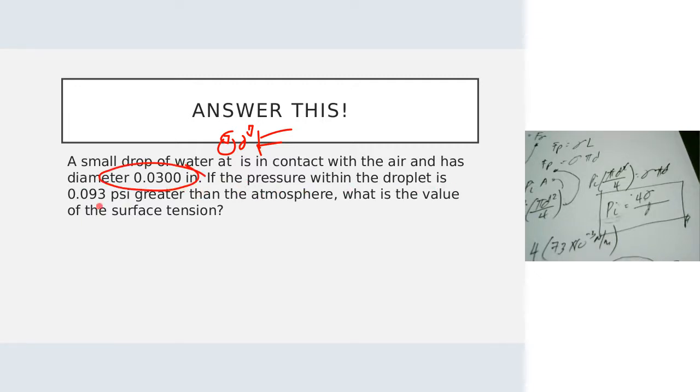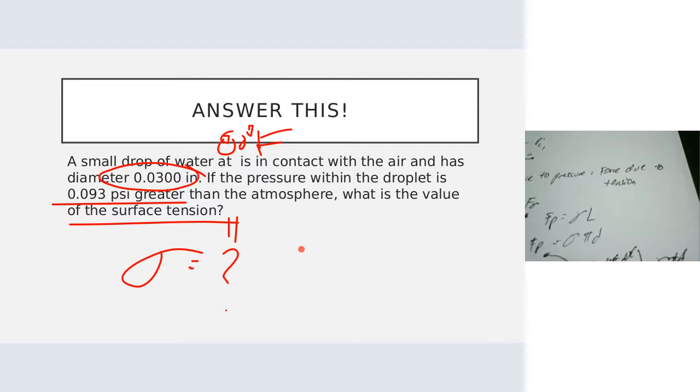If the pressure within the droplet is 0.093 psi greater than the atmosphere, what is the value of the surface tension? In this case, the required is the surface tension. Please answer this on a piece of paper, and once you are done, take a photo and send that to our group chat. Afterwards, we will check or answer this question to see if you are correct. Kindly answer this one first.